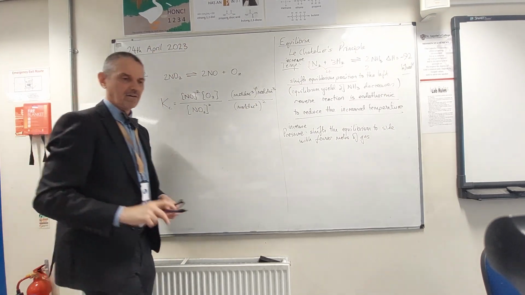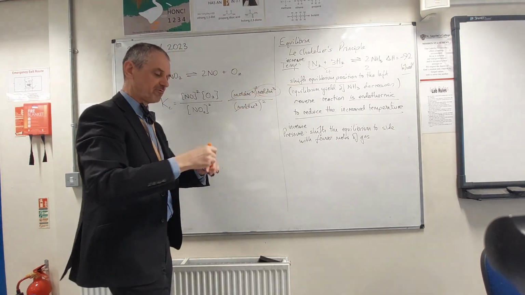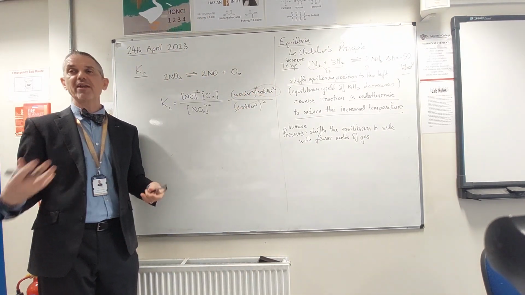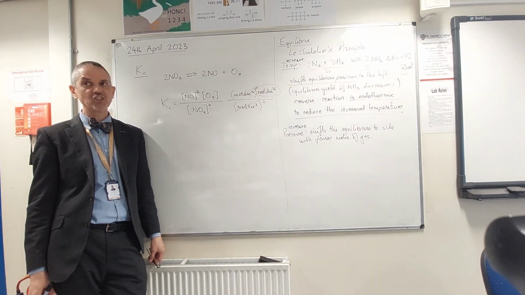Some of them cancel, the square bit cancels, and we're left with mole per dm cubed on the top. But every example is going to be different. You'll have to work it out specifically for each Kc.